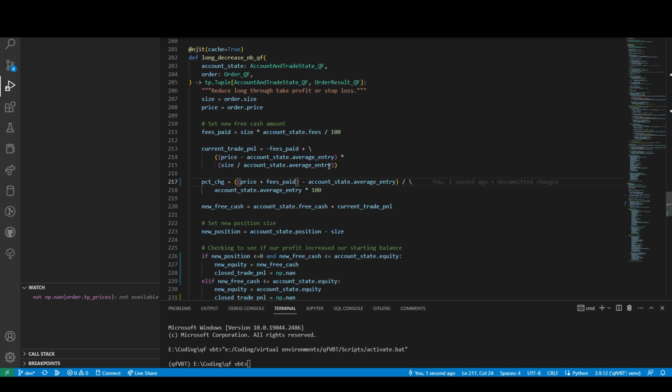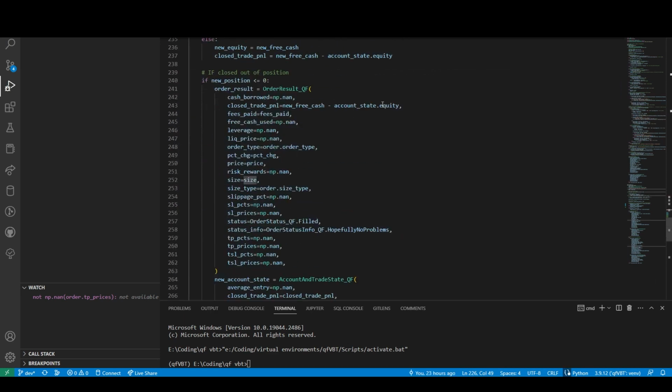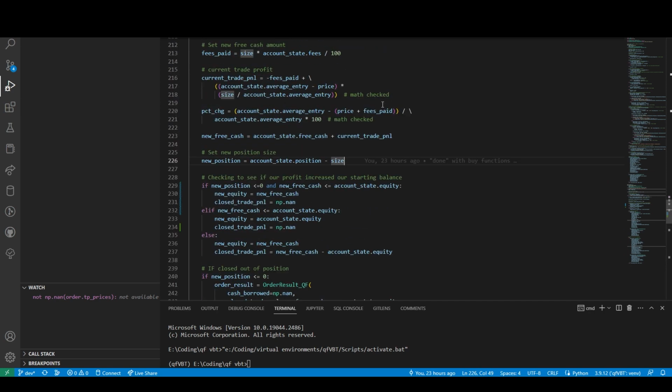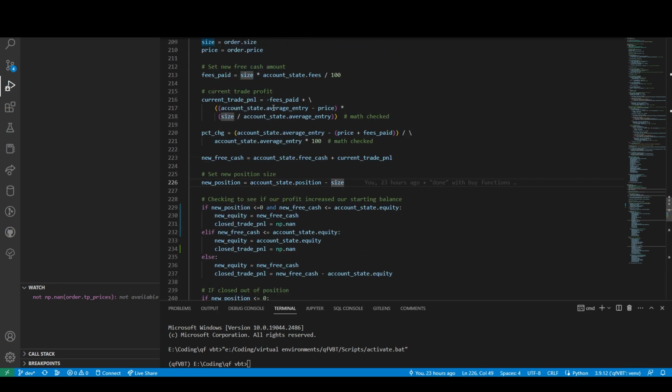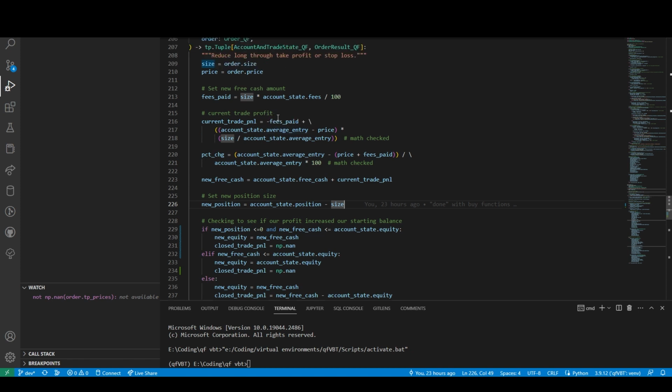Because if we get out at 800, then we have to pay fees on that with that size. So we have to get out at like 800 plus the fees. And then for the selling, we have to get out minus the fees, right?